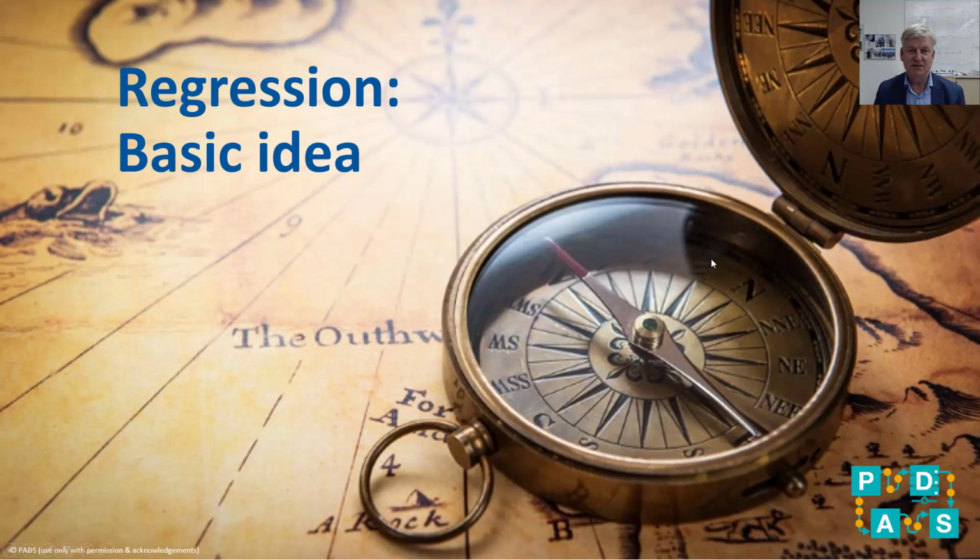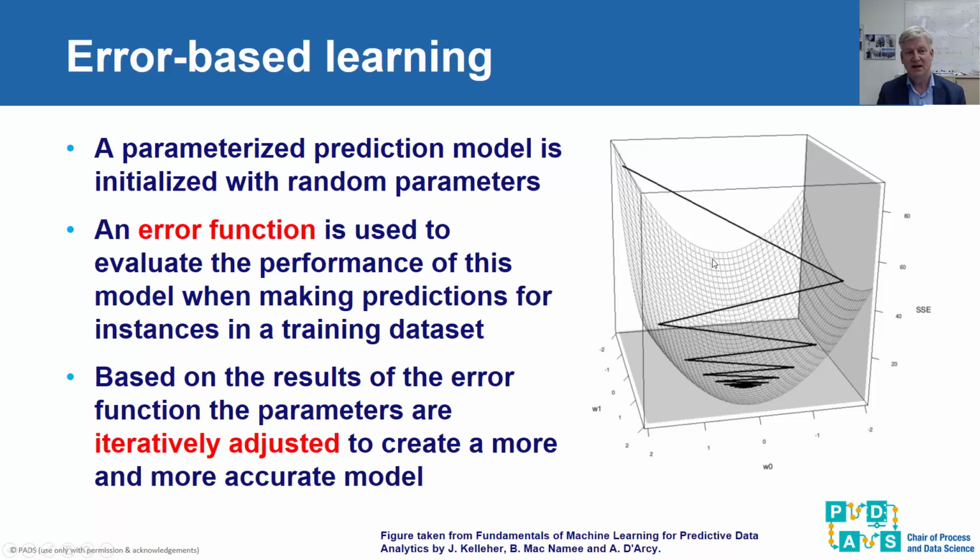Okay, let's start with the basic idea of regression. The basic idea of regression is that we start with an initial solution, we compute its error, and then we try to stepwise reduce the error. That is visualized here.